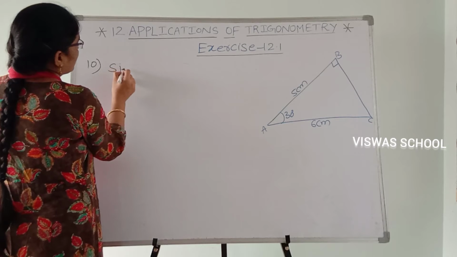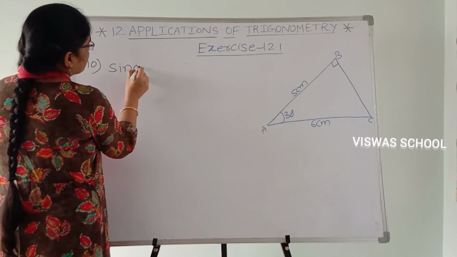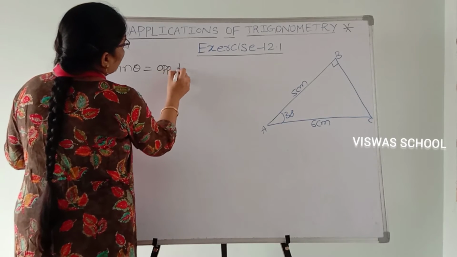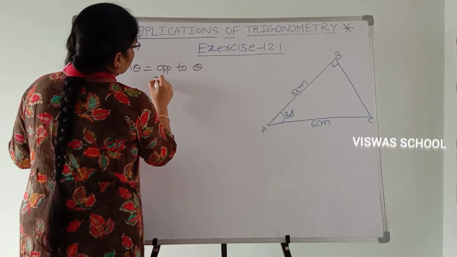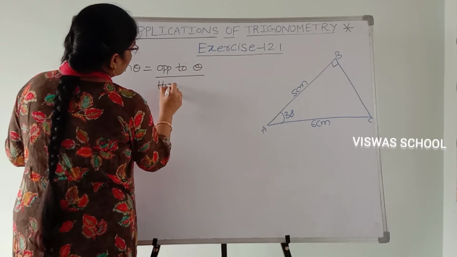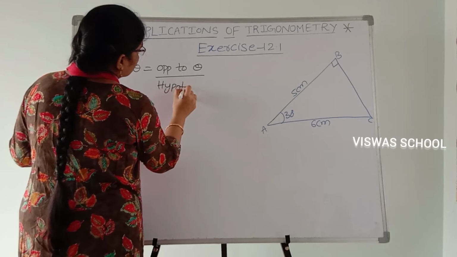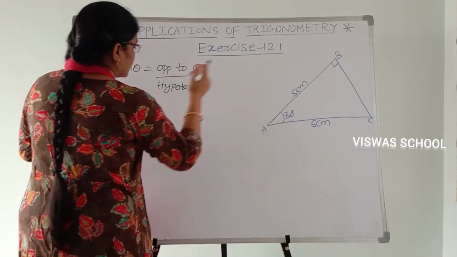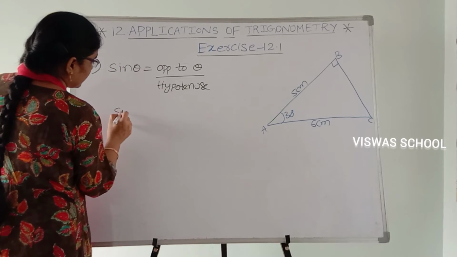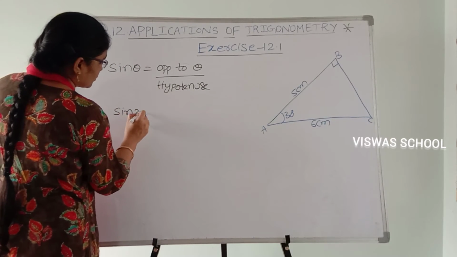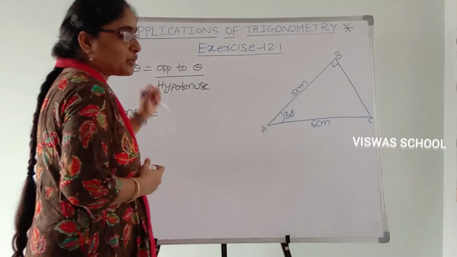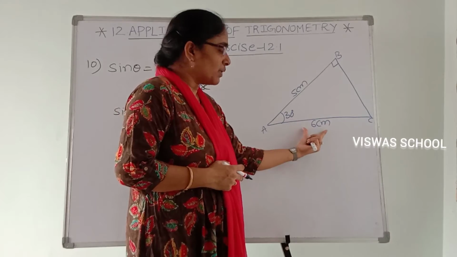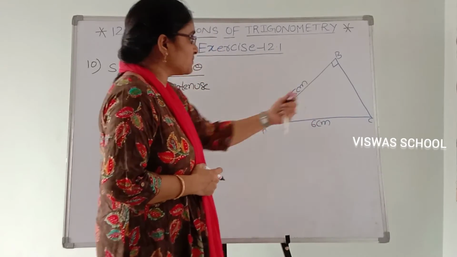Sine theta is equal to opposite to theta by hypotenuse. Here theta is 30 degrees. That is, sine 30 degrees is equal to the opposite side over the hypotenuse.